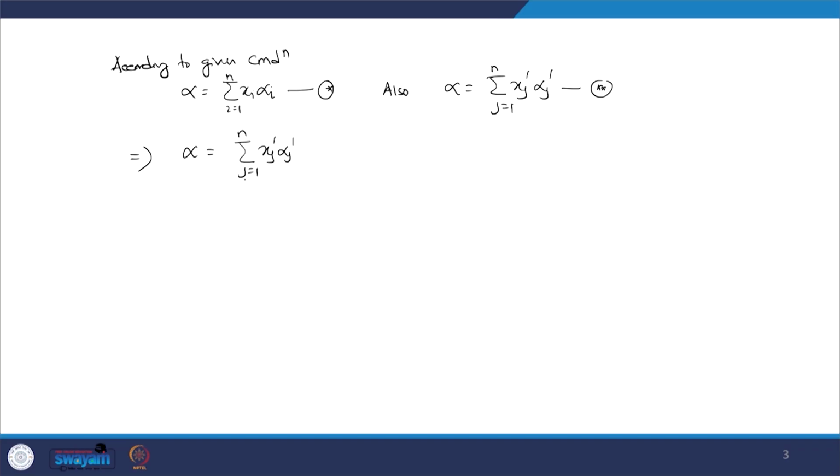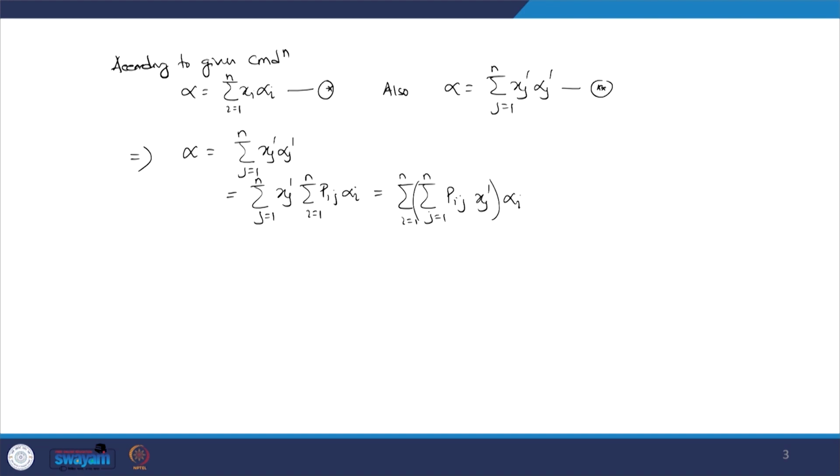So, this is equal to sigma x j prime times sigma P i j alpha i, i equal to 1 to n, and here j is equal to 1 to n. Now, this is a finite sum, so I can exchange the order. I can rewrite the sum as sigma i equal to 1 to n, and sigma j equal to 1 to n of P i j and x j prime, this whole multiplied by alpha i.